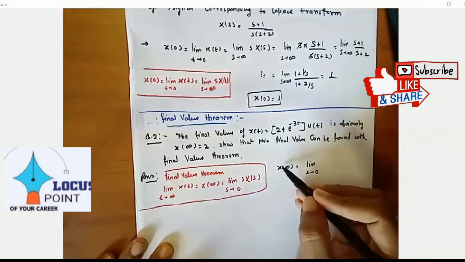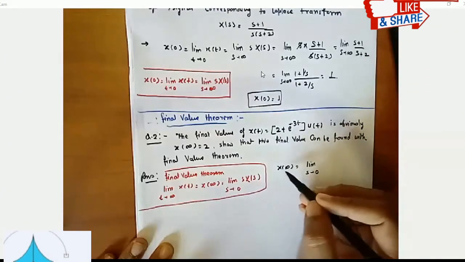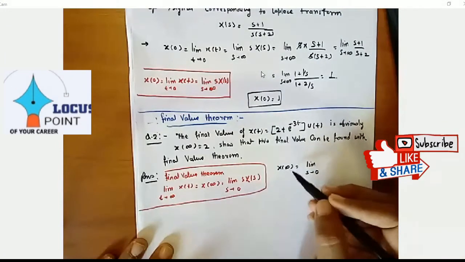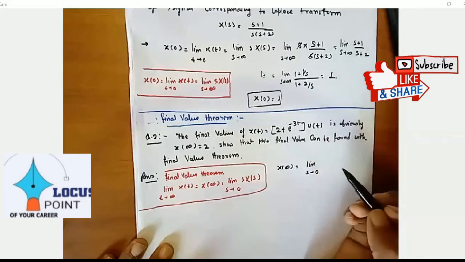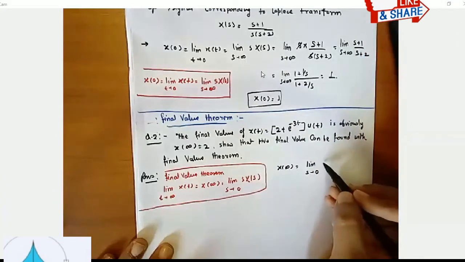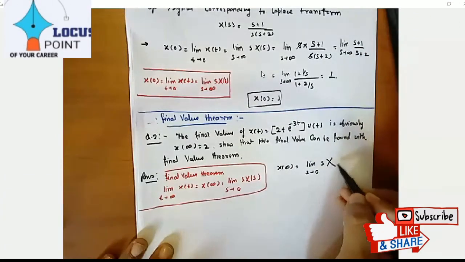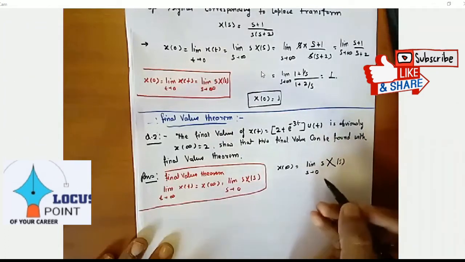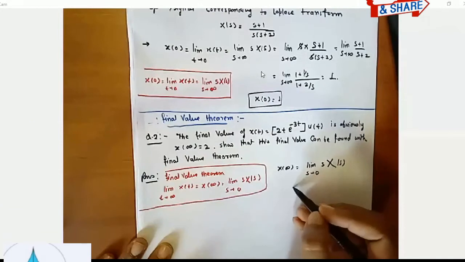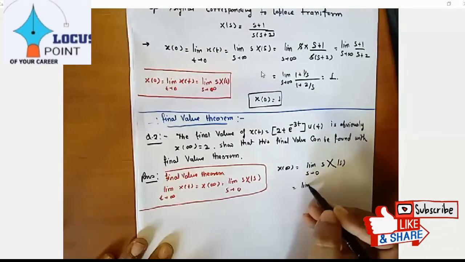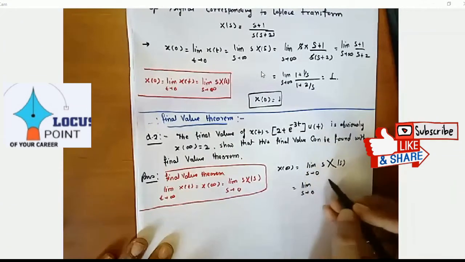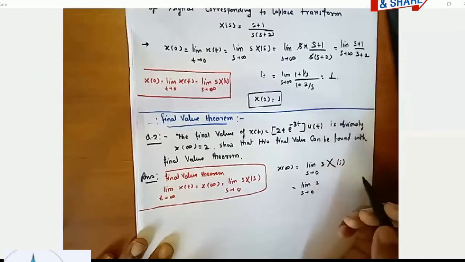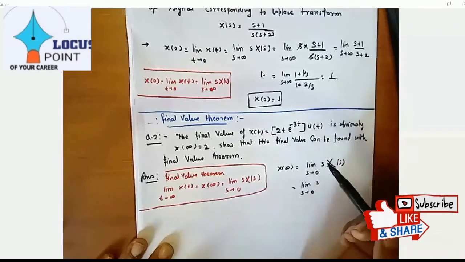Now this small x is the time dependent signal, represented in the time domain, and t tends to infinity. But here I will write the frequency domain representation of that x of t, which will be capital X. So it will be limit s tends to 0 of s times X of s, and this X of s you have to calculate, but it is not given.